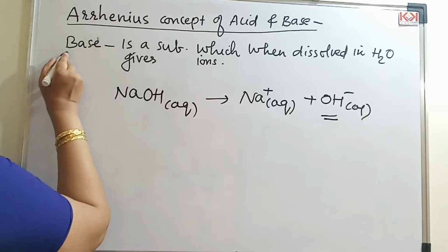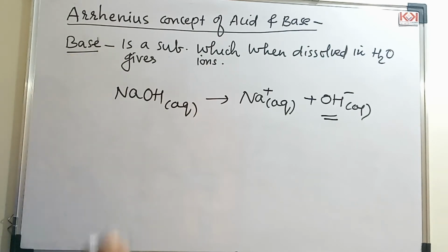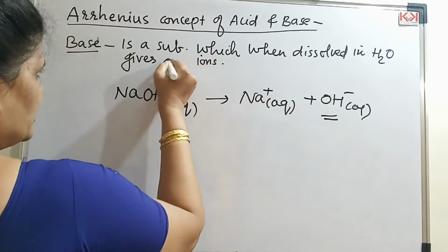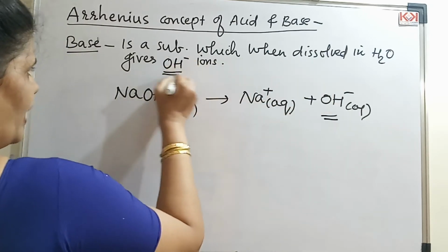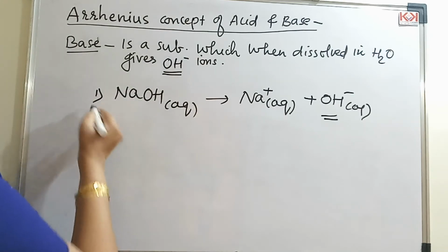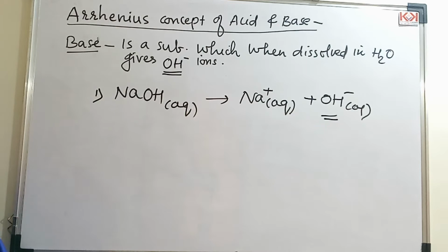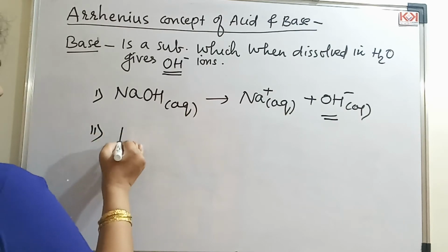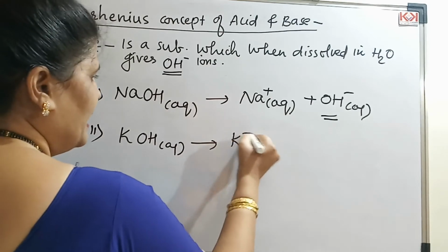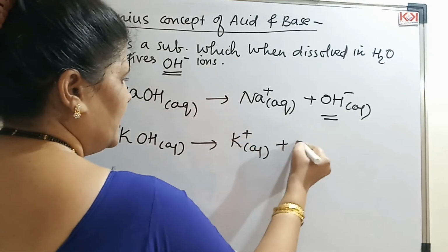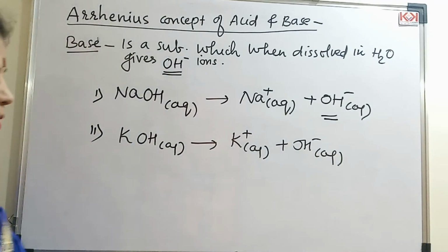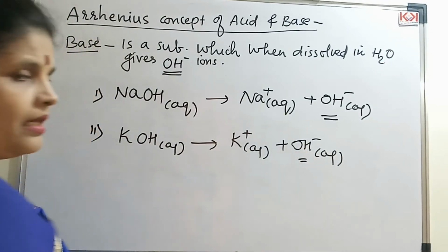So what can be the definition for an Arrhenius base? It is a substance which when dissolved in water gives OH minus ions or hydroxyl ions. So NaOH is a base according to Arrhenius. Let us see the second example, KOH. It gives K plus and OH minus. Is it a base? Yes, because it is giving hydroxyl ions.